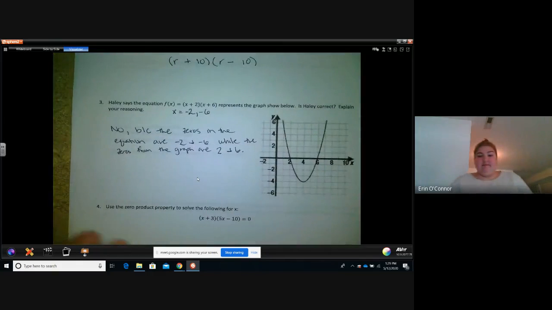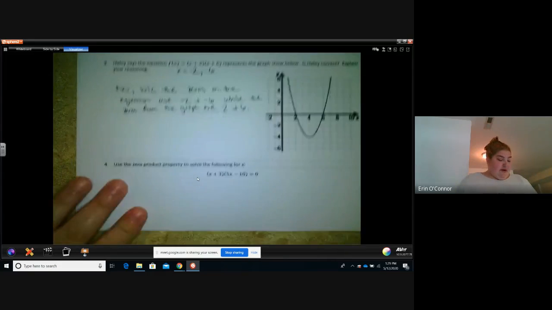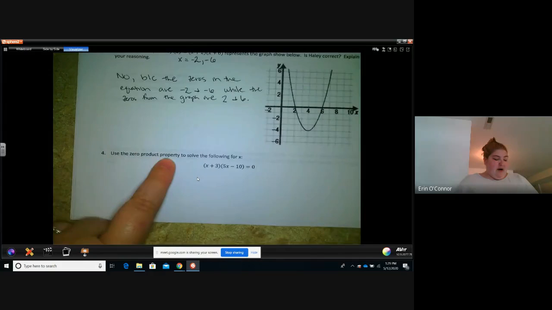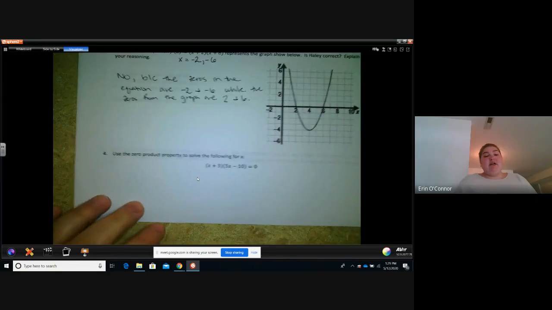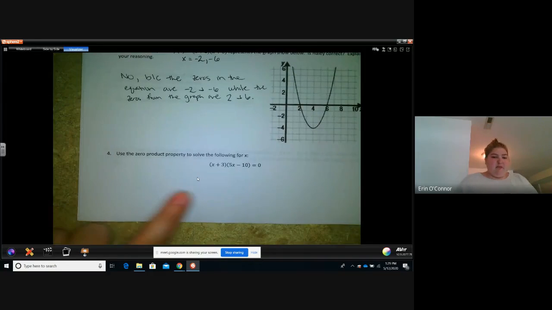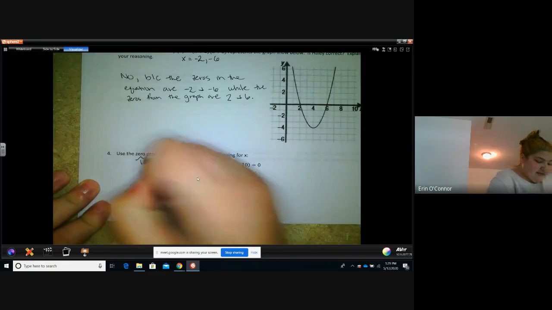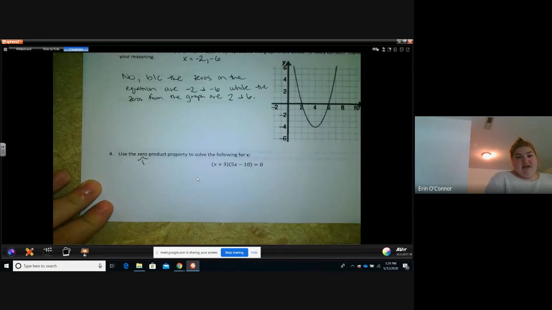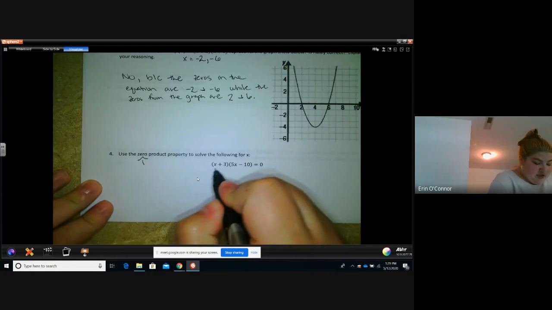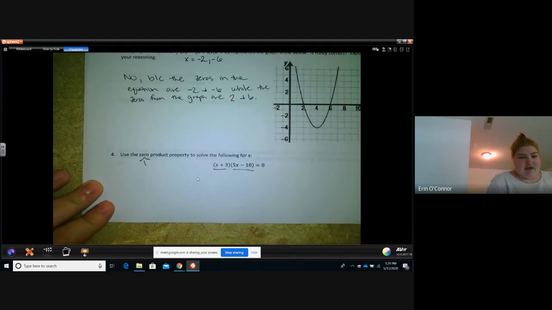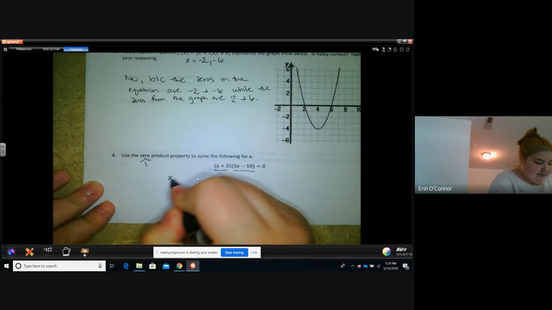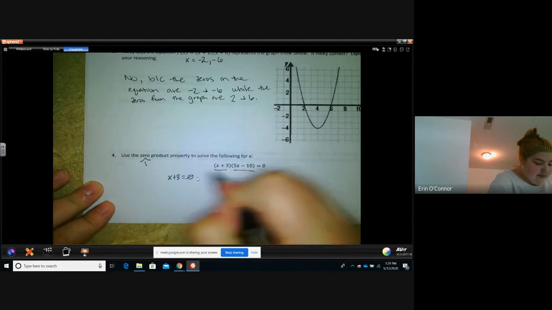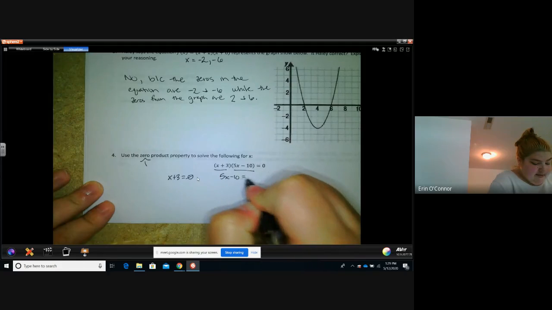Okay. Number 4, use the zero product property to solve the following for x. Now, you might not know what zero product property means, but you know what 0 means, and you know how to solve for x. That means we're going to set each of these equal to 0 and solve. So x plus 3 equals 0, and 5x minus 10 equals 0.